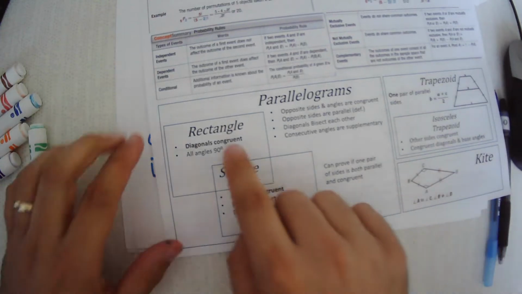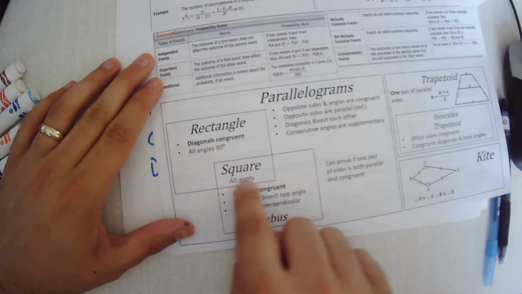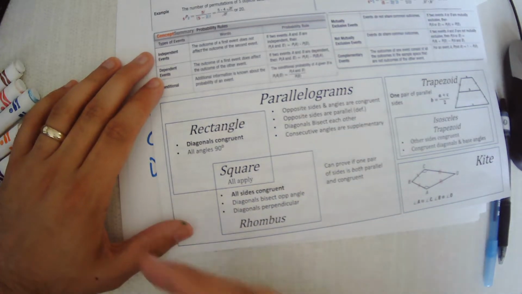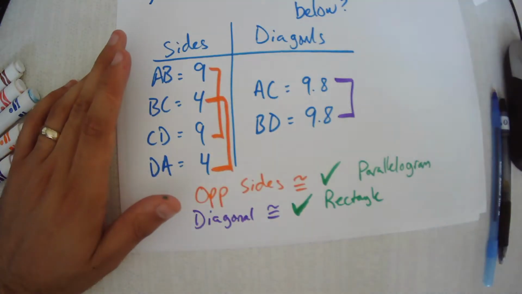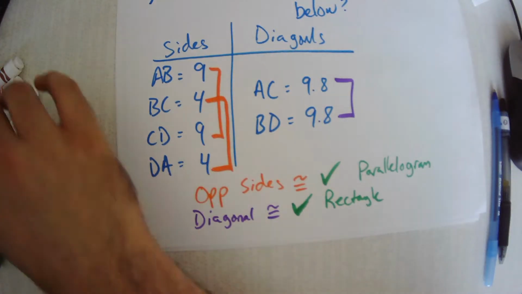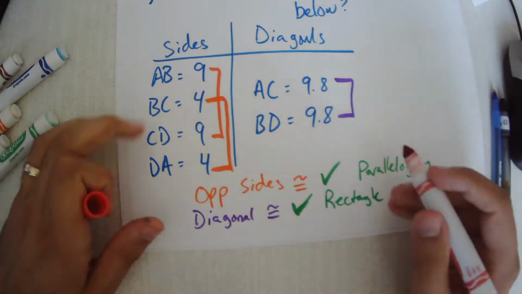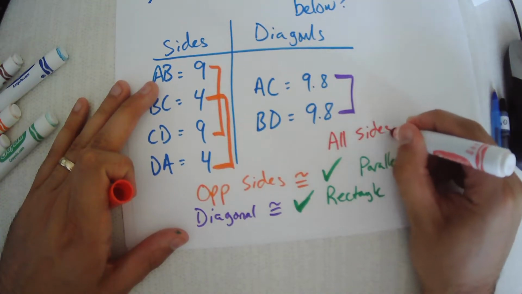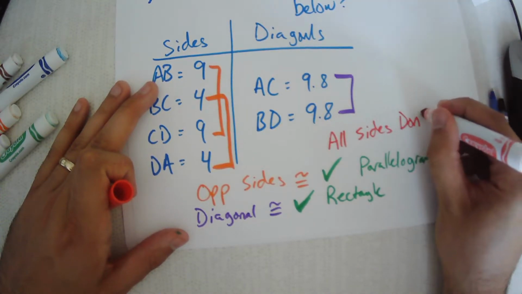We go over here. So I am in this box. I've now whittled it down to rectangle or square. One of those two. Is this a square? No. All of the sides don't match.